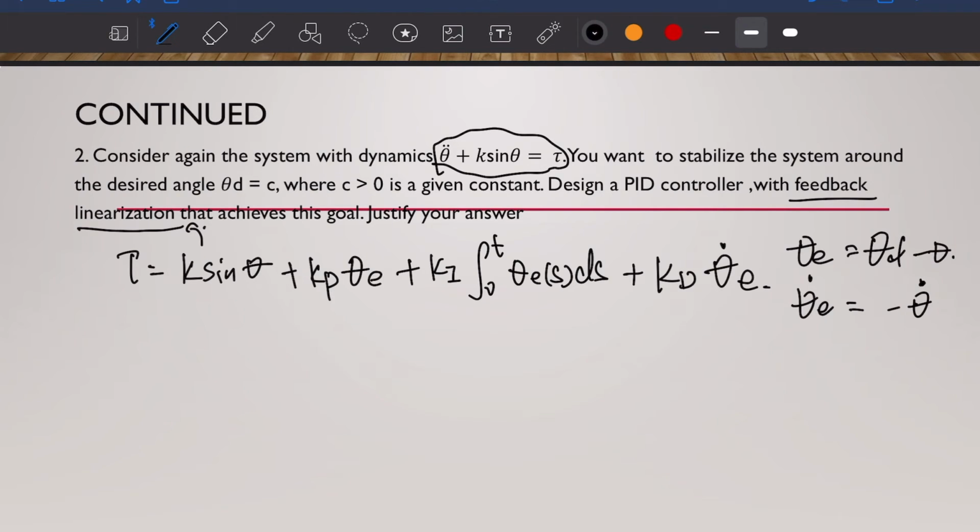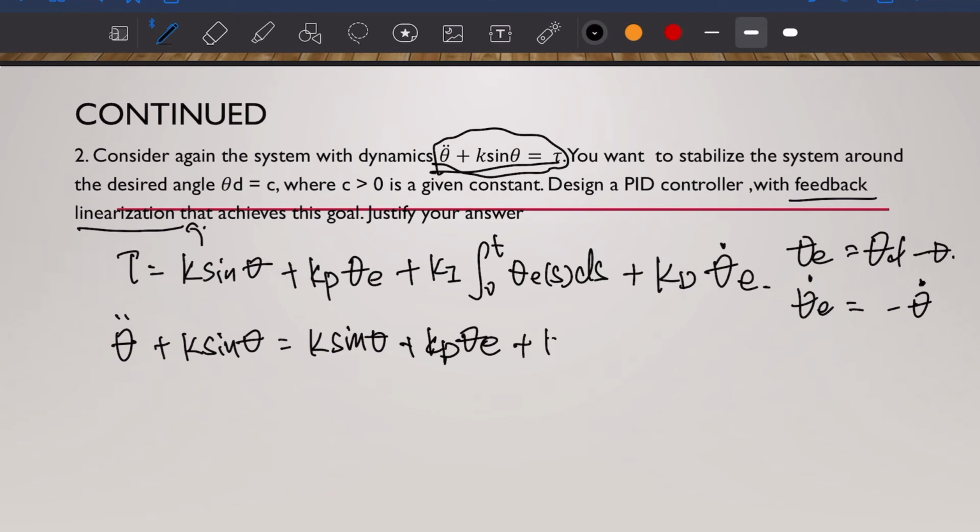So right now we put this term in, then we have theta dot plus K sine theta equals to K sine theta plus Kp theta E plus Ki.